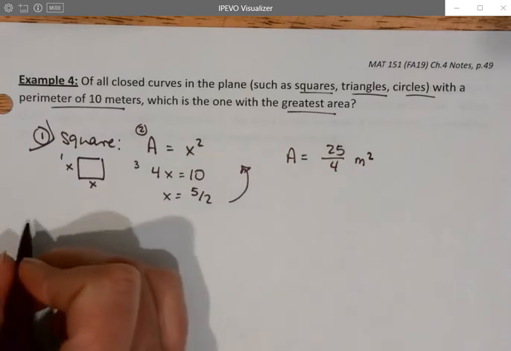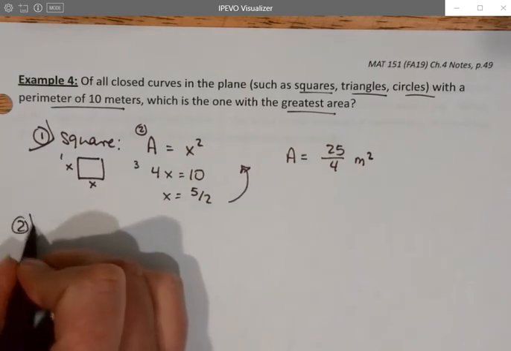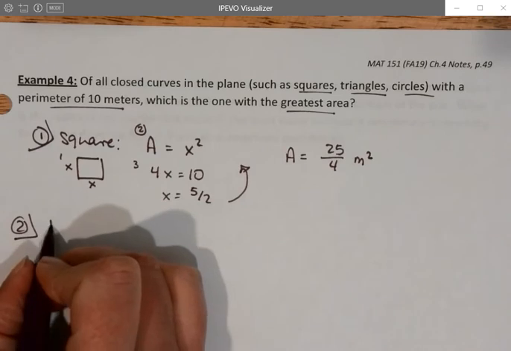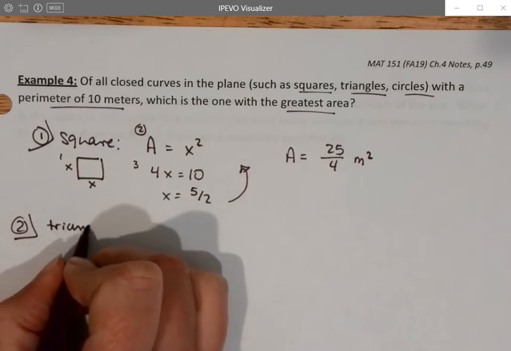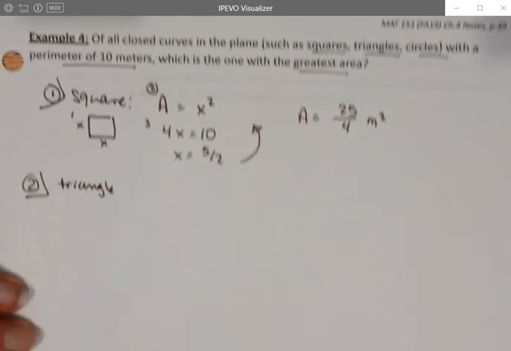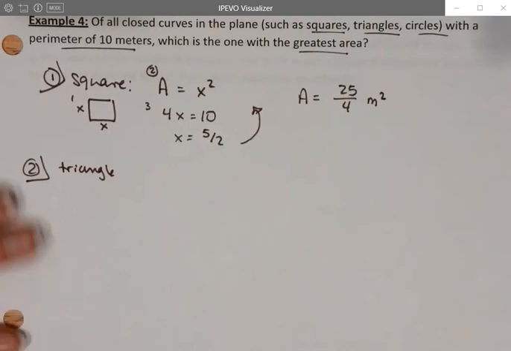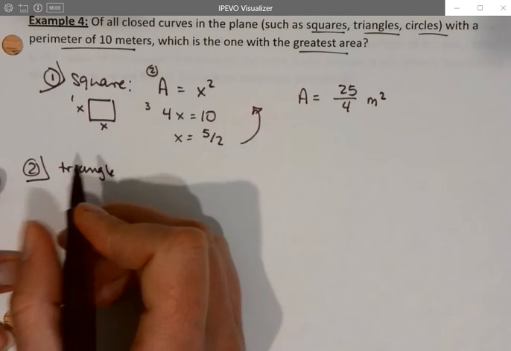Okay, so let's take a look at the next shape, which is a triangle. Now there are lots of ways to draw a triangle, and that's going to make a slight difference about which one has the largest area.